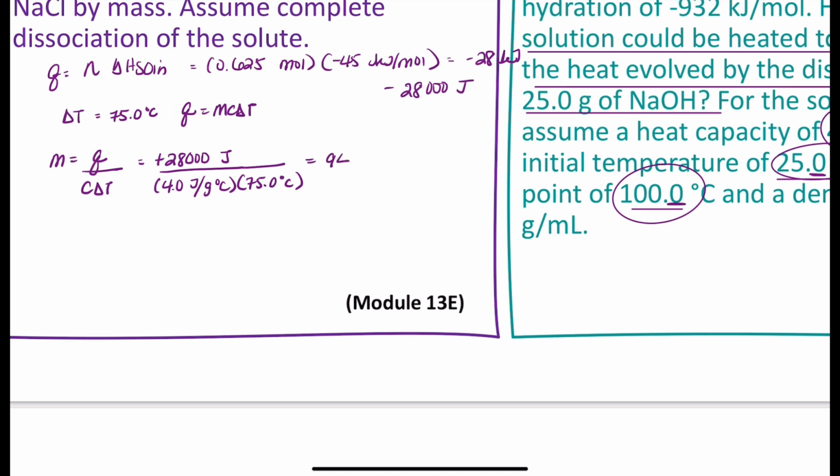Overall, this gives me 94 grams. Still not quite done, but that's telling me that if I was to gain 28,000 joules of heat and raise the temperature 75 degrees C with a specific heat of 4 joules per gram for every degree raised, that would be 94 grams of sodium hydroxide.